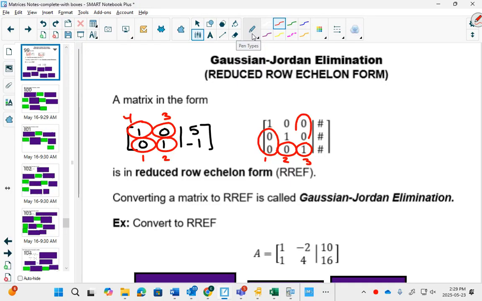Then you could get both of these zeros 4th, this 1 5th, this 0 6th. It's going to be a 7-step process to get it into reduced row echelon form. And if you don't do the steps in the order, you will undo a step you previously did, which means you basically have to start over again.